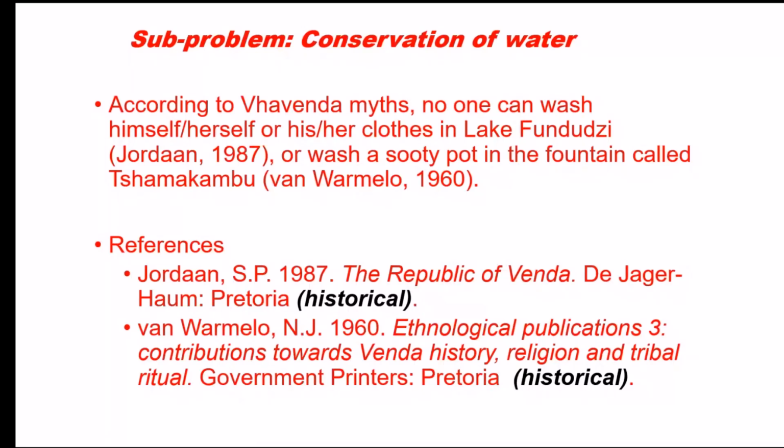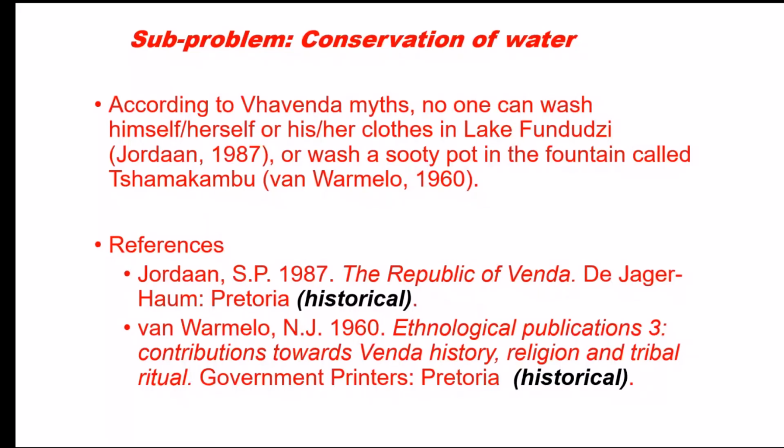So look at the two authors and their references. Jordan, SP 1987. The literature is The Republic of Venda. You see, it's just entitled The Republic of Venda. So this is the reason why I said it is a history book as well. There we see even the publisher in Pretoria.